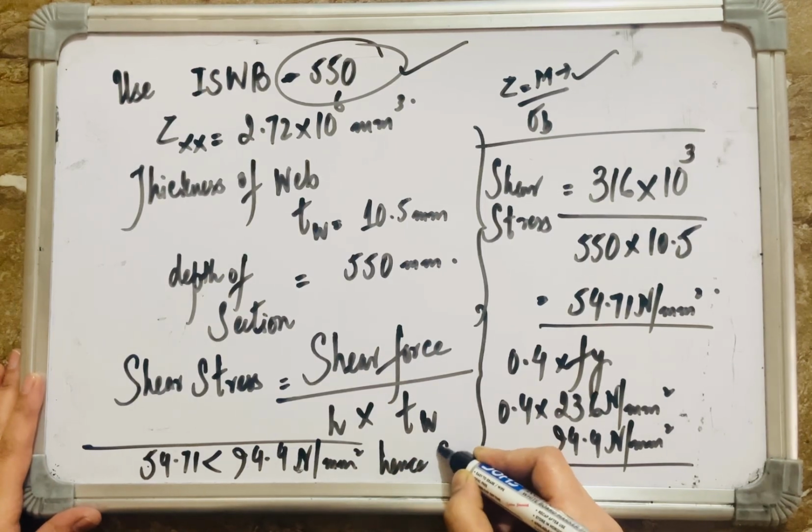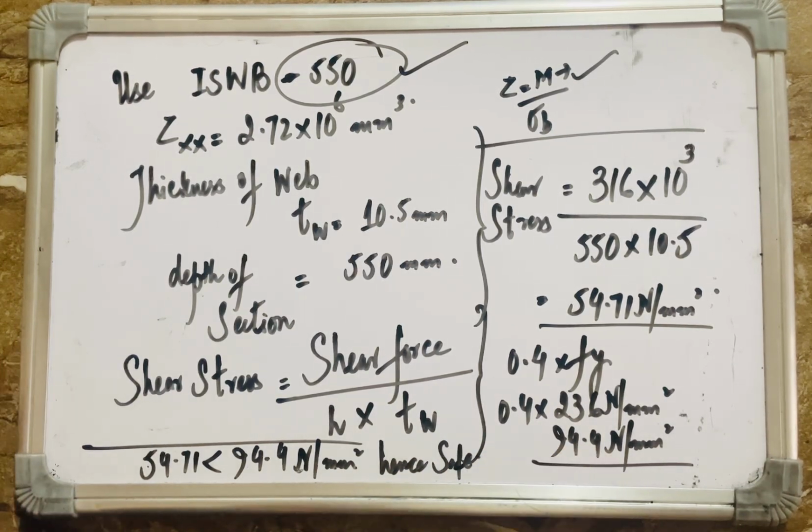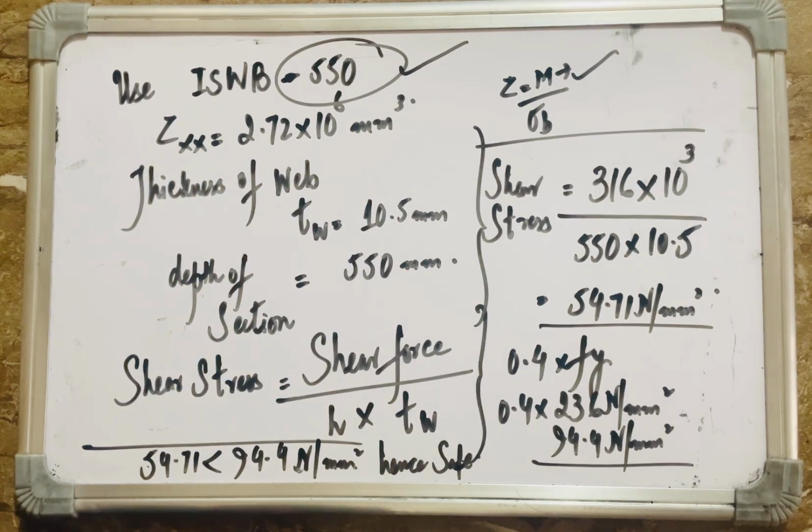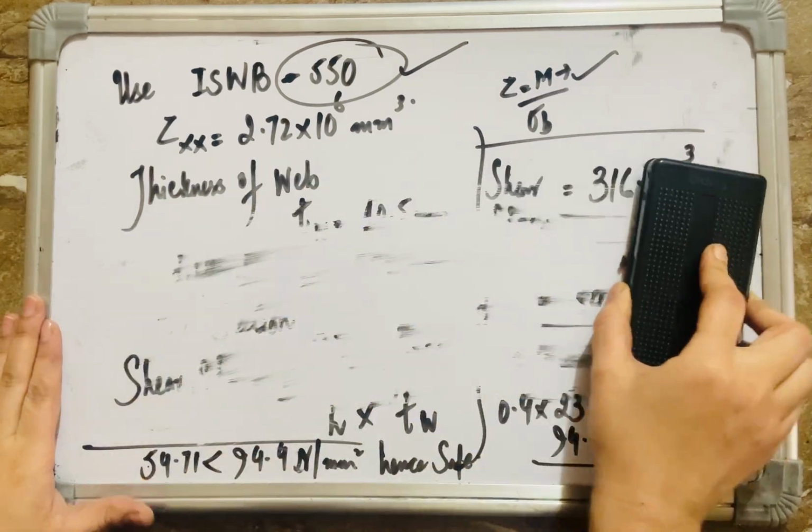So the section that I chose for my stringer beams, ISWB 550, is safe for my moment, obviously, because I have chosen it on the basis of moment itself, and it can handle my shear force as well. Moving on, let's design the cross girders.